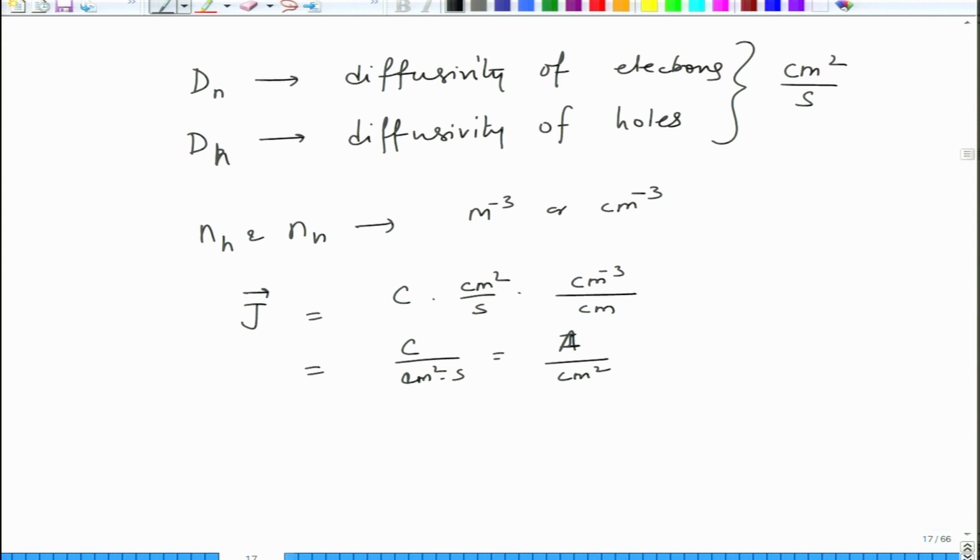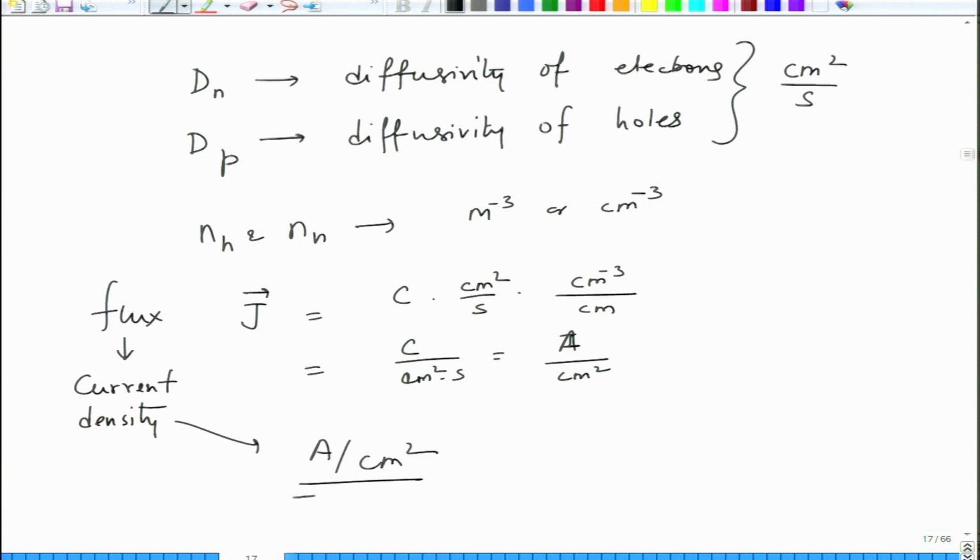So much charge in coulomb passing through a unit area per unit time. This is what the flux is, and this is nothing but current density, because current density is always represented in ampere per centimeter square or ampere per meter square, whereas current is given in ampere only.